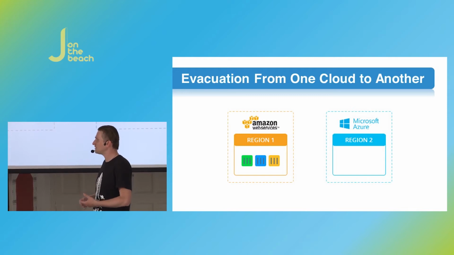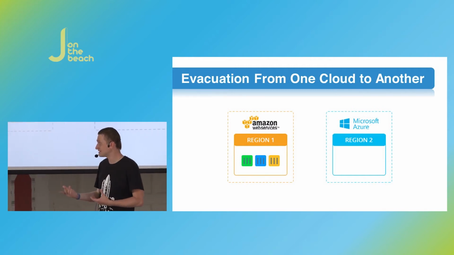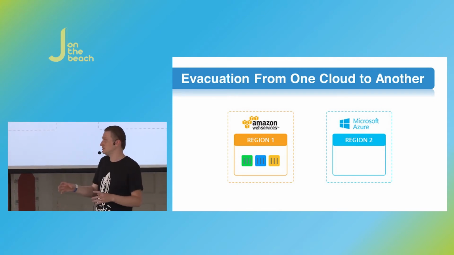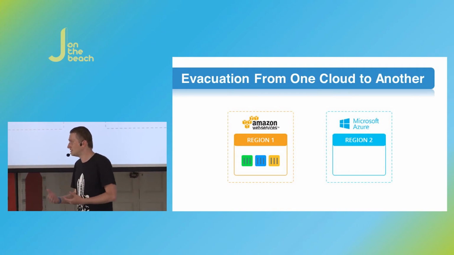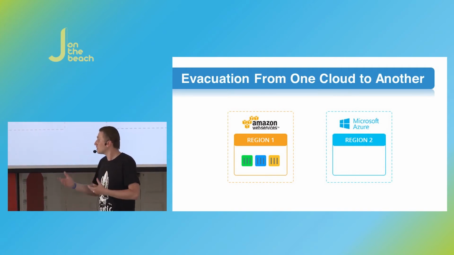And if suddenly, a day after that, Amazon becomes 2 times more expensive and Azure becomes 2 times less expensive, you can be flexible with this. So you can move your workloads due to dynamic things like prices.